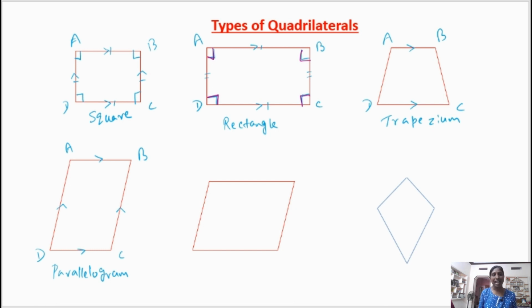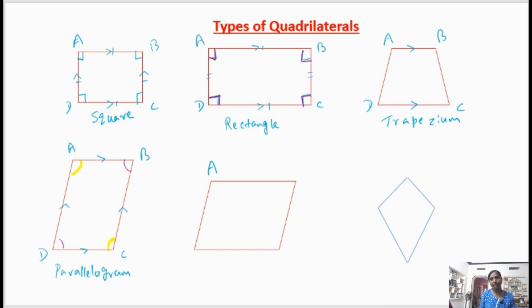Here opposite angles are equal: angle D and angle B are equal, and angle A and angle C are equal. So it is called a parallelogram. Let's move to the next figure.